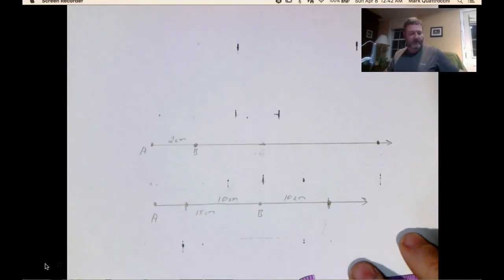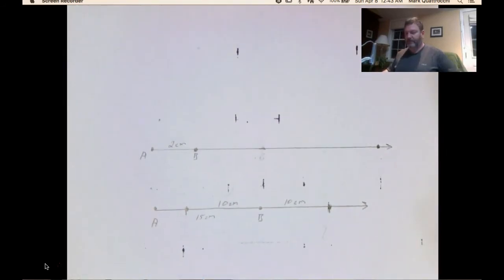That's why our answer had multiple parts to it.